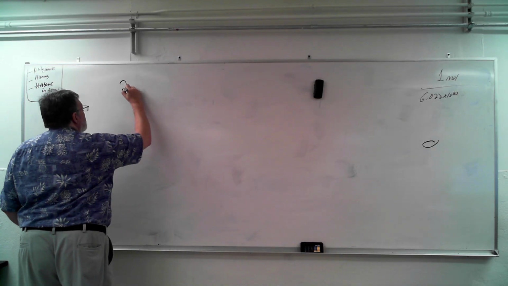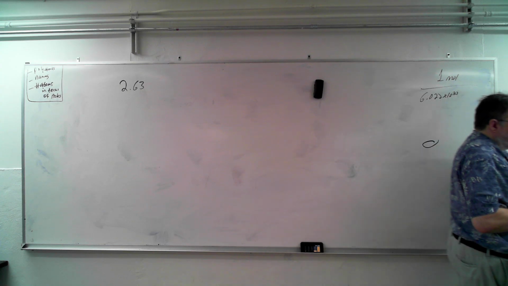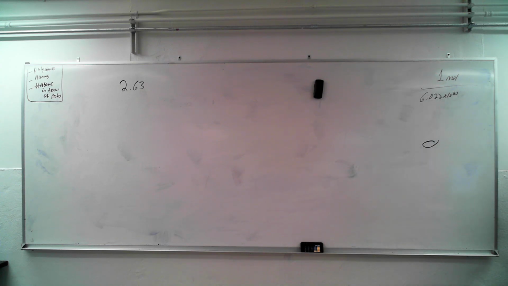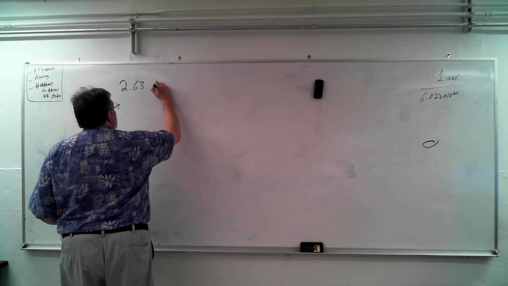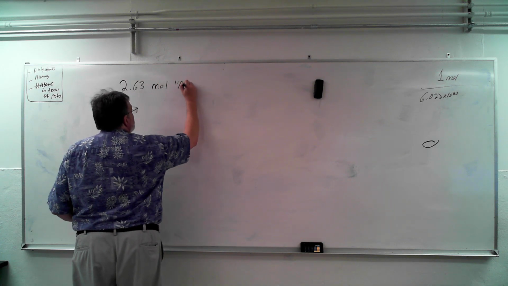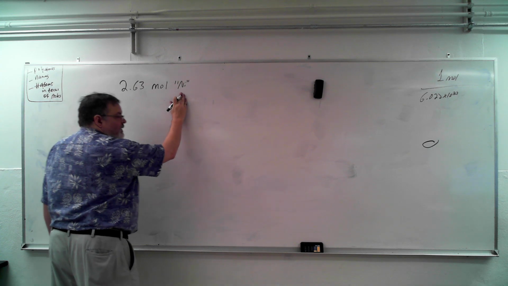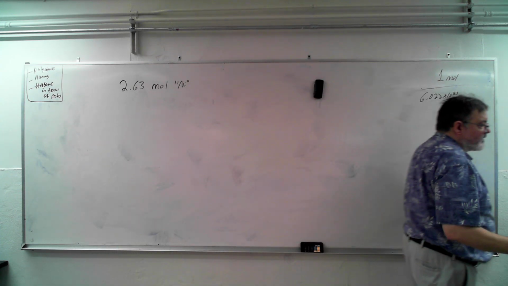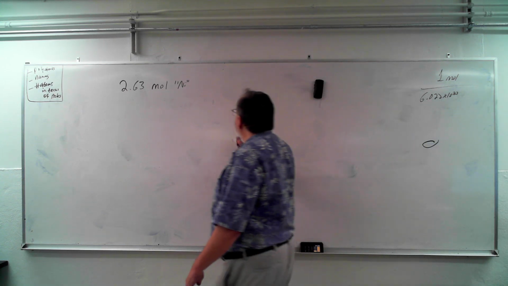2.63. And it's worthwhile if you're new at solving these types of problems to write it down like this. That's moles of nickel. So numerical value, unit, label. And then you're asked for the mass in grams. So you're being asked for grams.